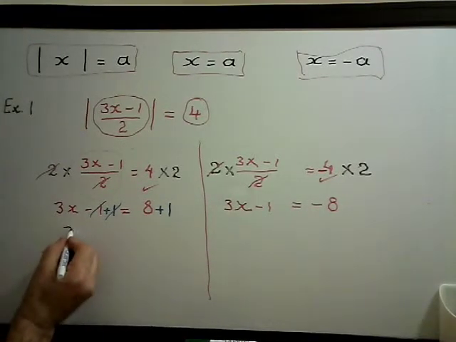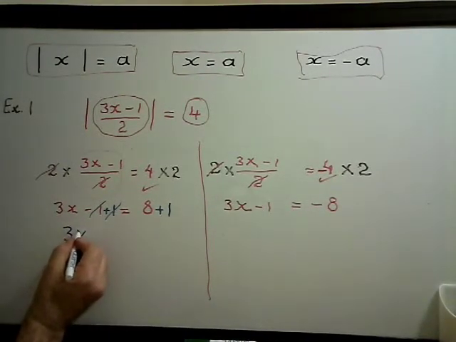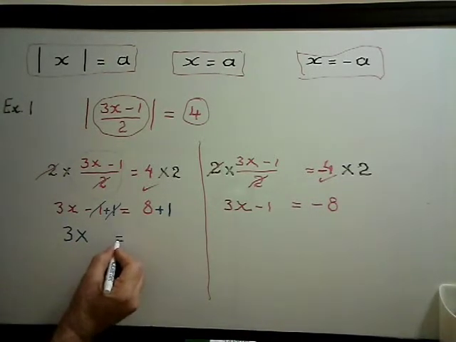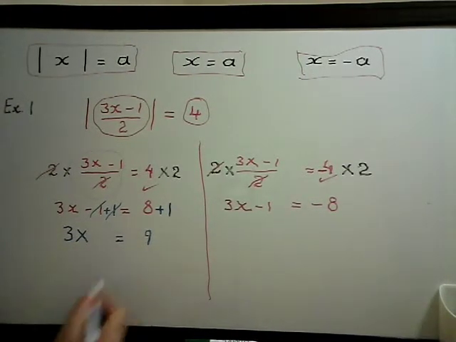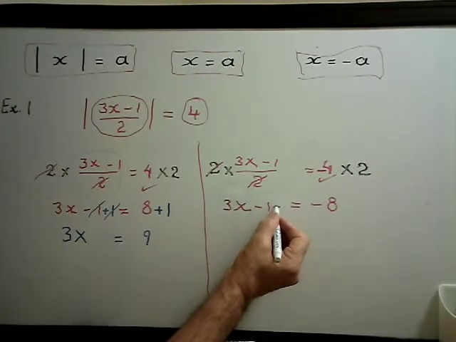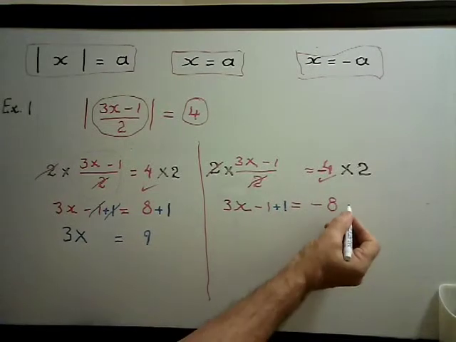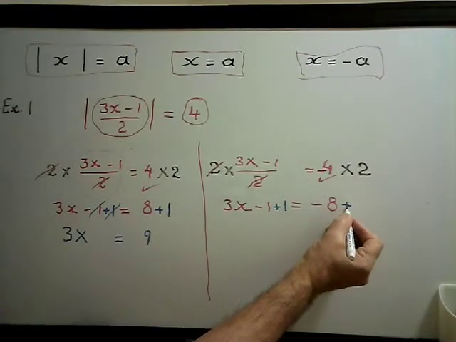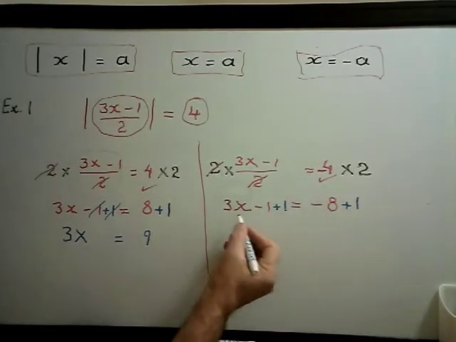So 3x stays here and here 9. When we get rid of negative 1 here, we just add plus 1 to both sides.